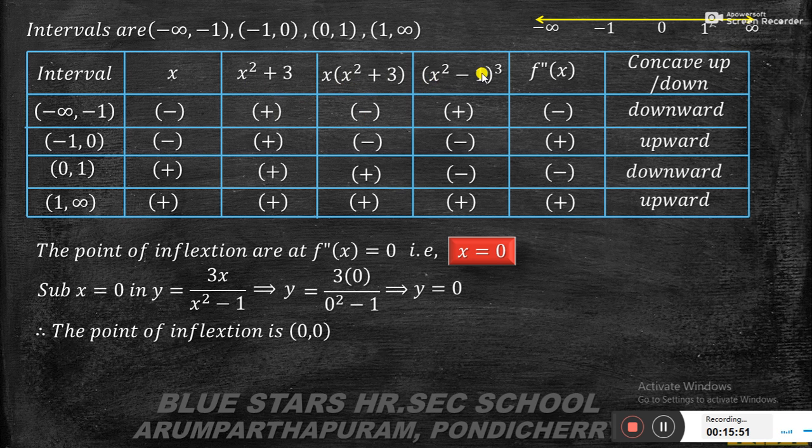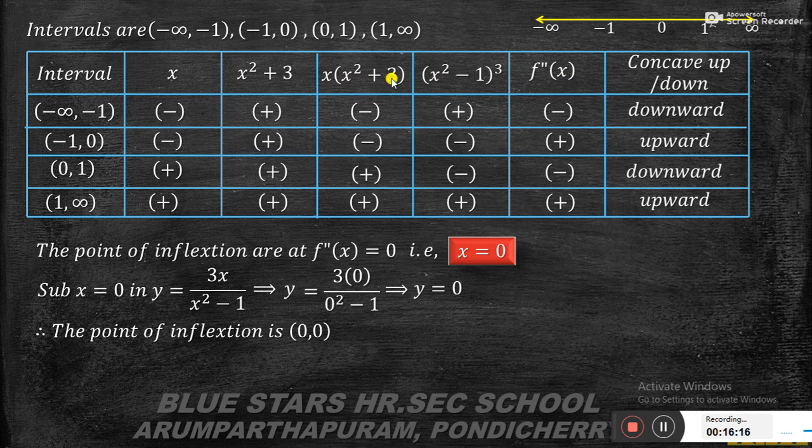Next, x square minus 1 whole cube. I substitute x equal to minus 2, so minus 2 whole square is 4, 4 minus 1 is 3, and 3 whole cube is 27, so the sign is plus. So f double dash of x equals 6x into (x square plus 3) by (x square minus 1) whole cube.